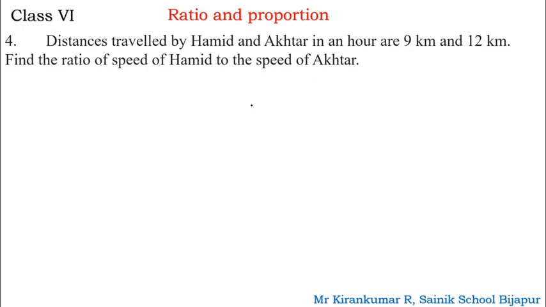Question number 4. Distances traveled by Hamid and Akhtar in an hour are 9 km and 12 km. Find the ratio of speed of Hamid to speed of Akhtar. Here they have given the distance traveled by both the persons.